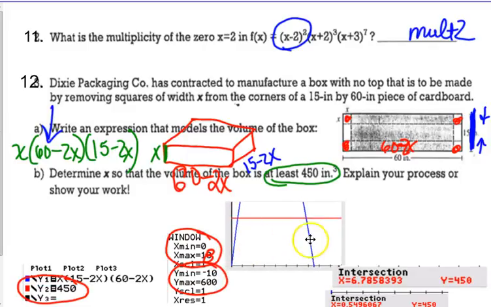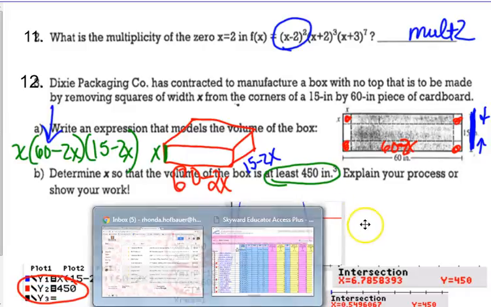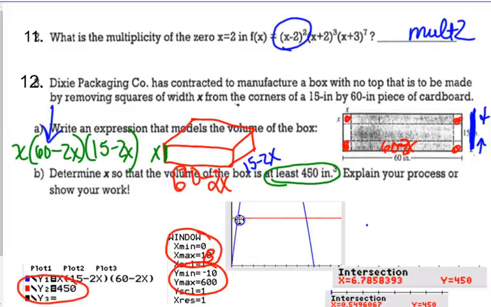My window wasn't really big enough to see the whole shape, but can you tell what's going on here? It's going up above 450, and then it's coming back down below 450, okay? So from this intersection point to this intersection point, all the values in here have a volume of greater than 450.